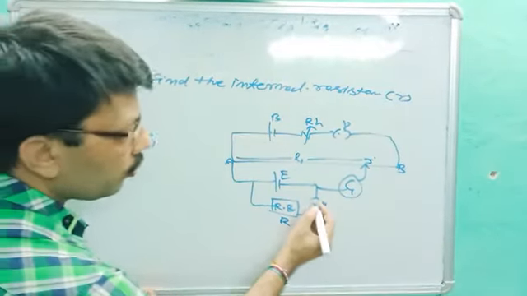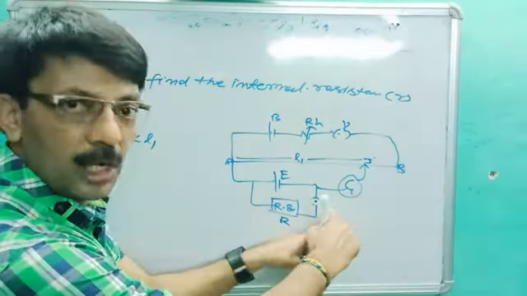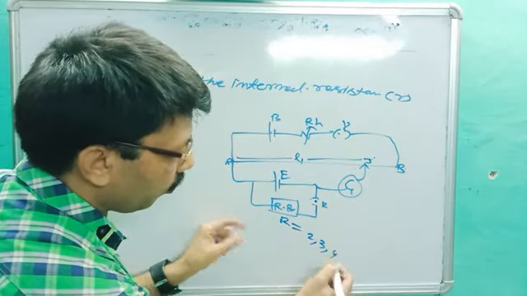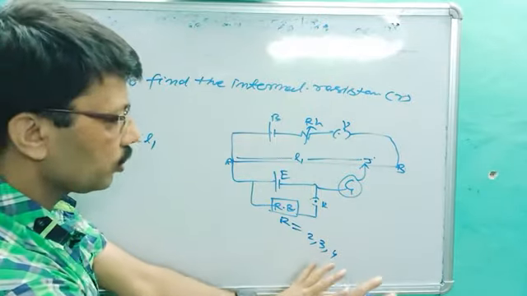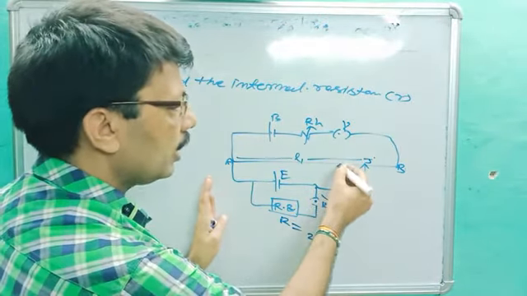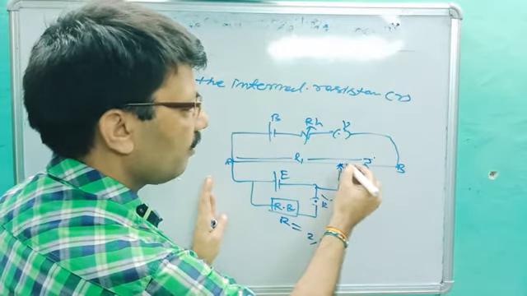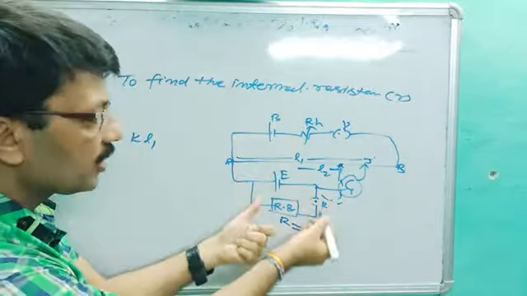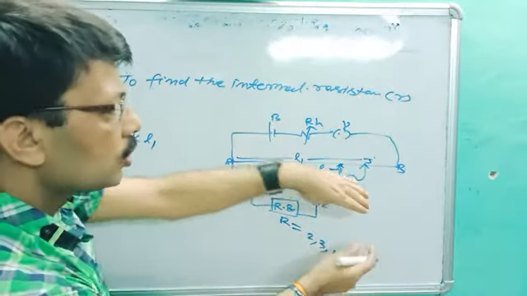Now turn on the key, and apply some resistance like 2 ohm, 3 ohm, 4 ohm, whatever you want. Again slide for null deflection, and let's suppose at J dash you are getting null deflection at length L2. It will be before, because the parallel combination resistance decreases, so the length becomes less.